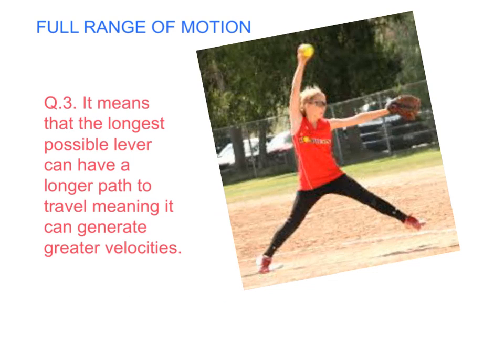So the key is: the longer the lever, the greater the speed at the end of the lever. In this diagram, her arm is the lever we're referring to. She's got a fully extended arm before she releases that ball.